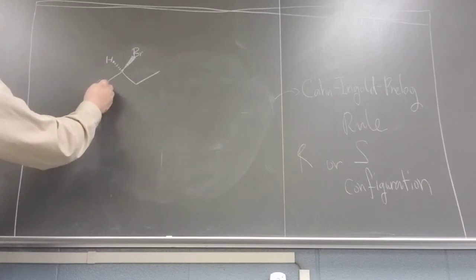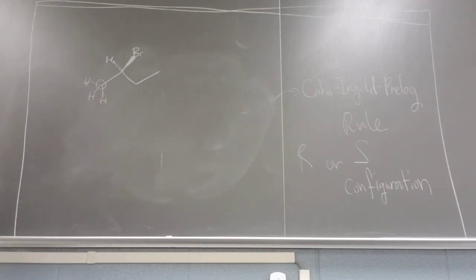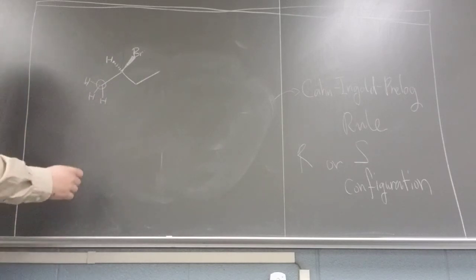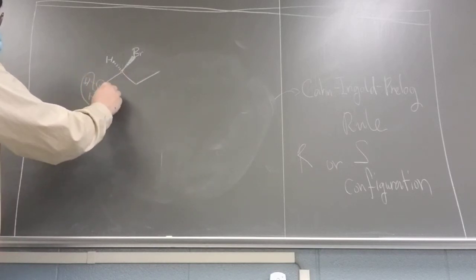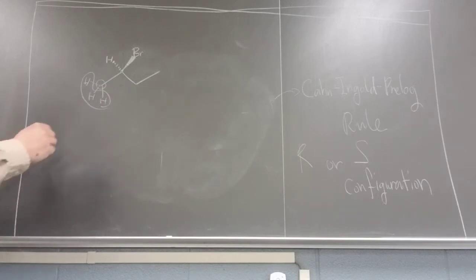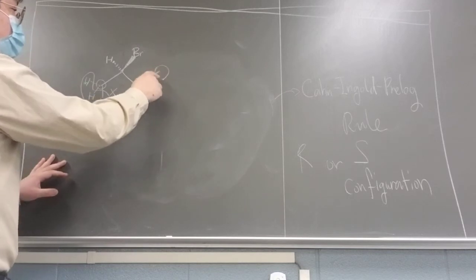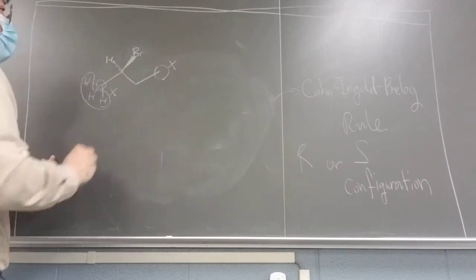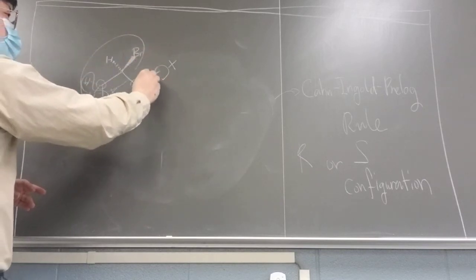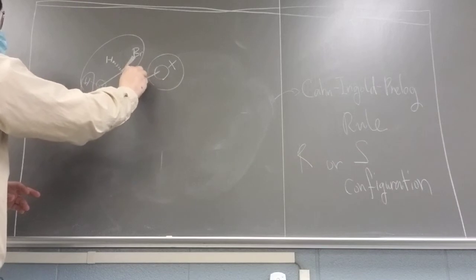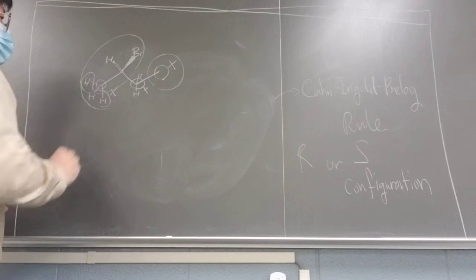I didn't write it here, but you'll see the 3 implied hydrogens there, because they're not shown. It has 3 same hydrogens, so this obviously cannot be your chiral center. Same here, this is also a terminal carbon, cannot be a chiral center. And this one has 2 different groups here and here, but it has 2 same hydrogens, so it cannot be a chiral center either.